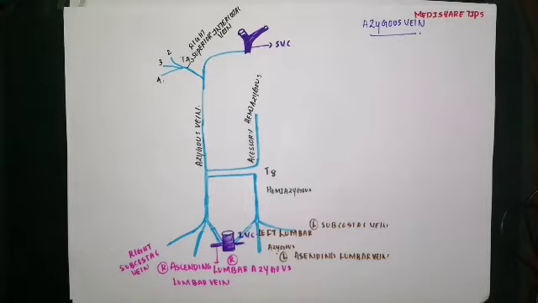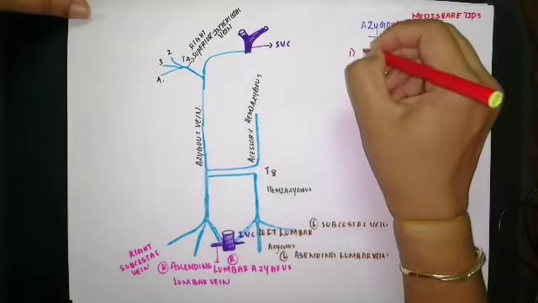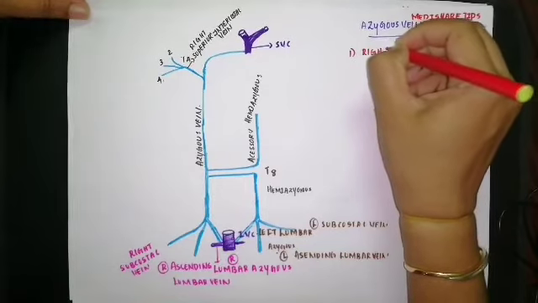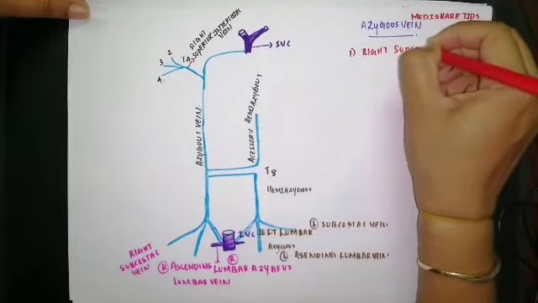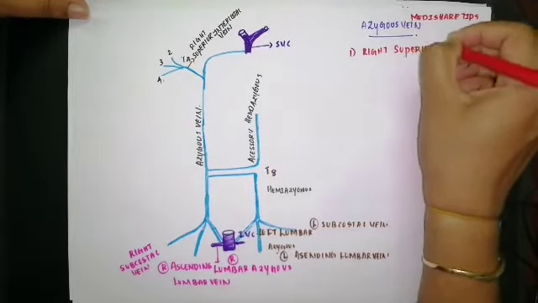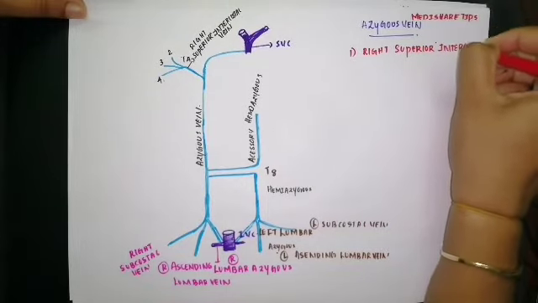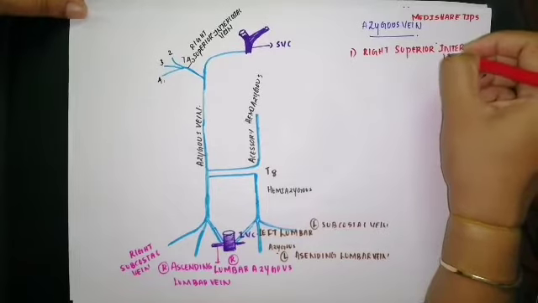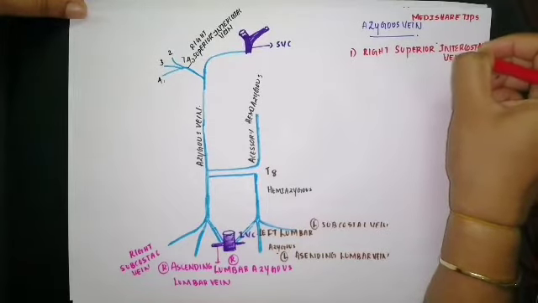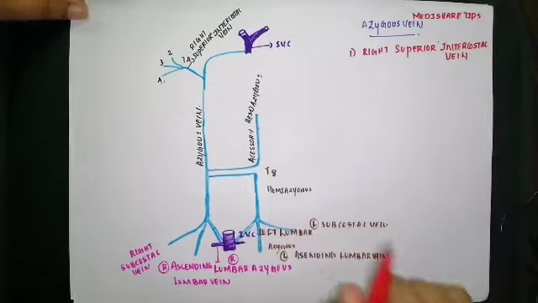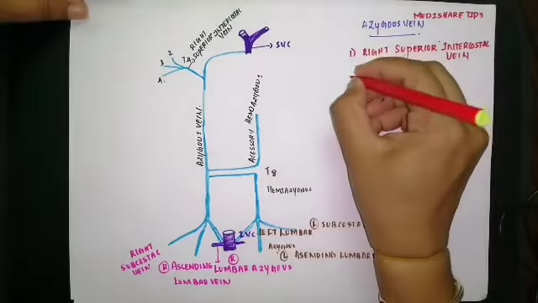The first tributary is the right superior intercostal vein.